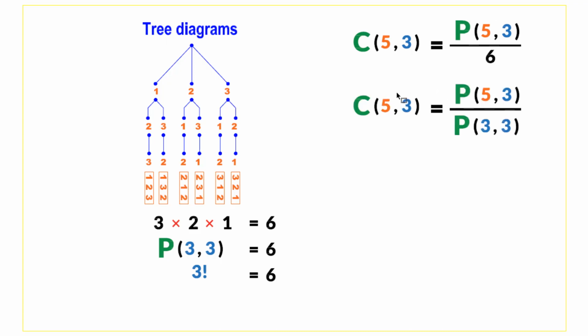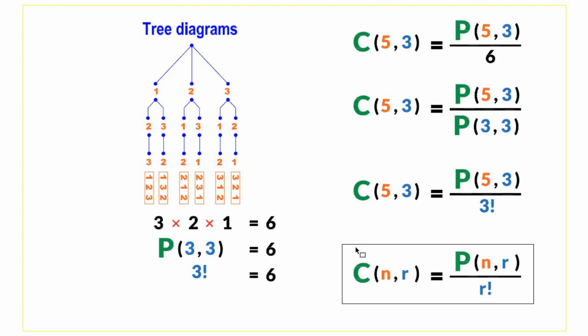So we can write this equation as follows. We can write it as P(5,3) divided by P(3,3) equal to C(5,3), and we can replace this P(3,3) by 3 factorial, and now we can replace the 5 with n and 3 with r to get the final formula, which is combination without replacement is equal to permutation without replacement divided by r factorial.